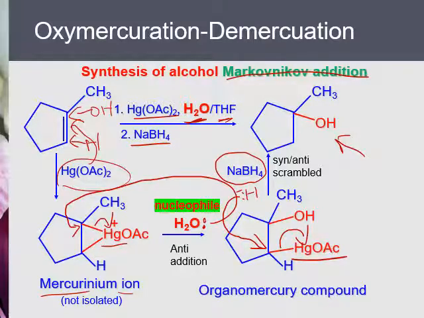Note that this hydroxy group comes from the water attack. Okay, so what if in the solution, instead of water, we add an alcohol, for example, CH3OH? What will happen?